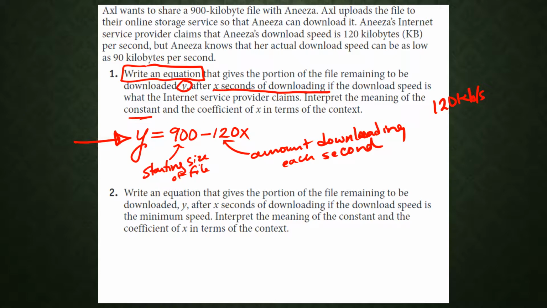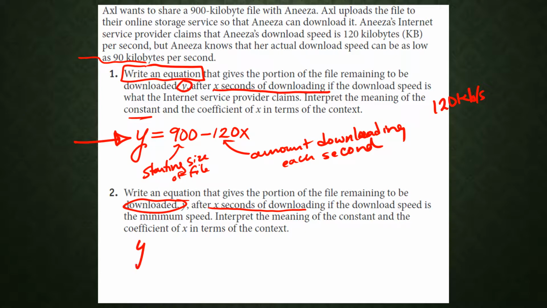Now we're going to write an equation that gives the portion of the file remaining to be downloaded, y, same as a minute ago, after x seconds of downloading, if the download speed is the minimum speed. That's what Anisa said was 90 kilobytes per second.